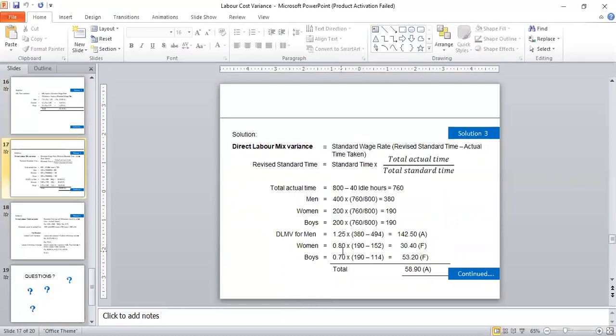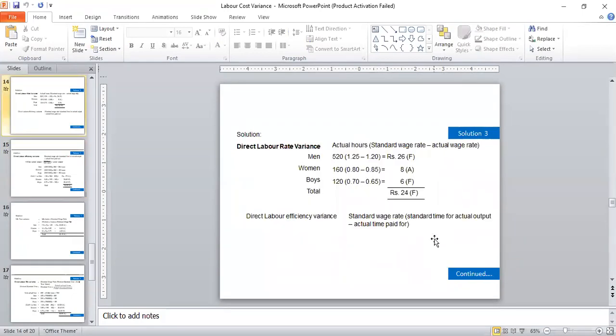Mix variance for men: we have the standard rate 1.25 multiplied by the revised standard time 380 minus 494, is equal to 142.50 adverse.